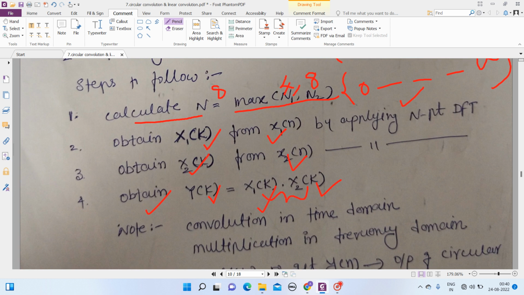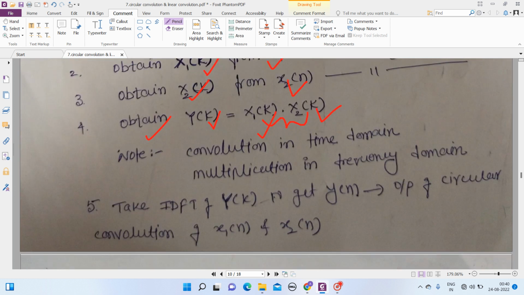So thereafter the last step is, in order to find y of n, our main motto is to find the convolution of x1 of n and x2 of n, not to determine y of k, right? So then we have to find the IDFT. IDFT means inverse discrete Fourier transform of y of k.